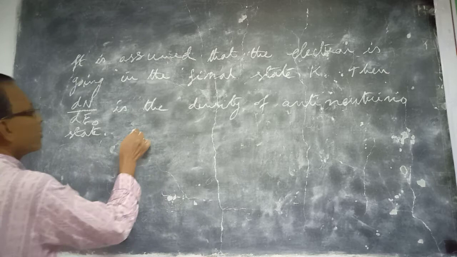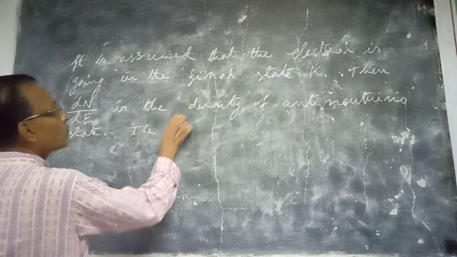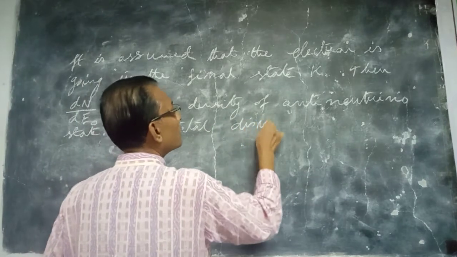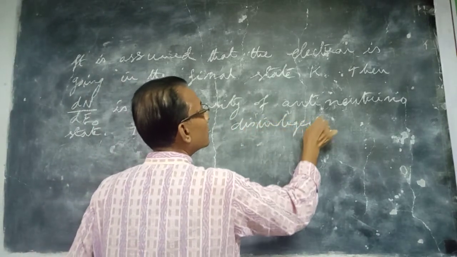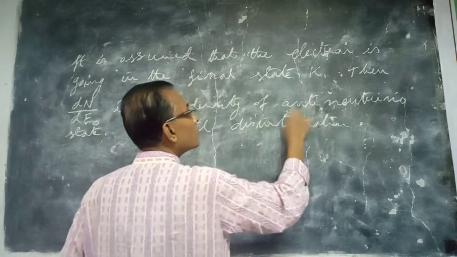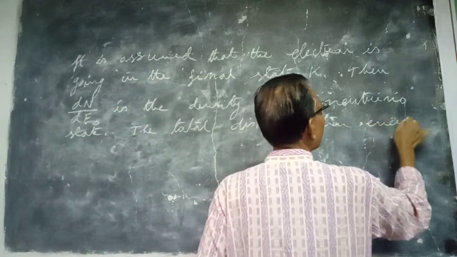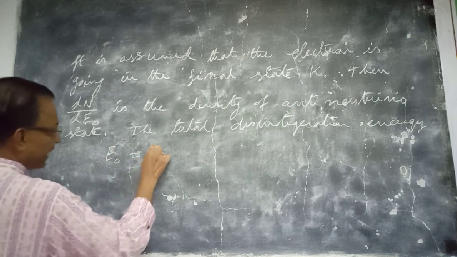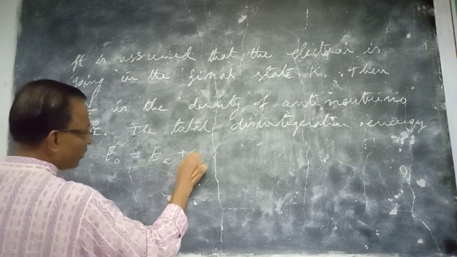Now therefore the total disintegration energy E0, that is the energy of the electron and the antineutrino.